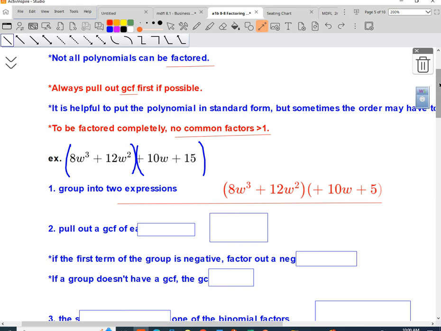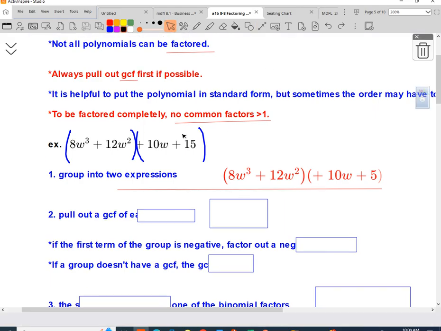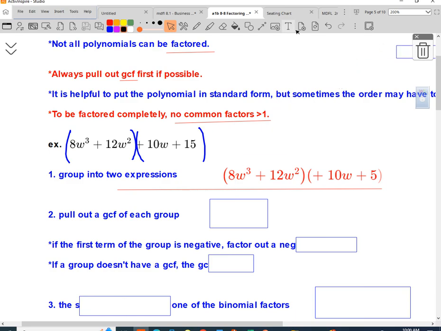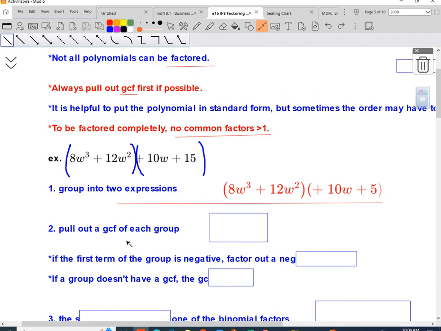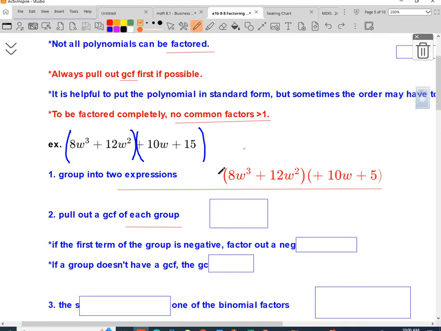So the next thing we're going to do, we're going to pull out the greatest common factor of each group. So what is the greatest common factor of the first group?